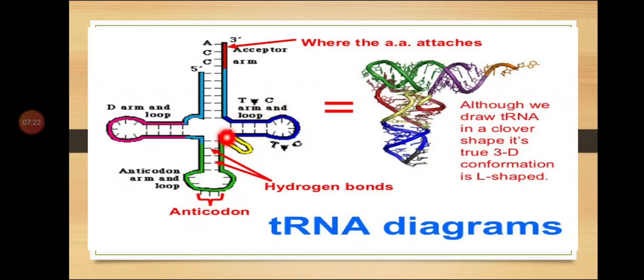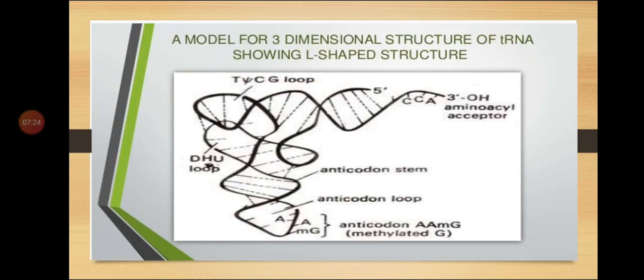This is the two-dimensional structure. When I say three-dimensional structure, the same 3 loops are there, that is T-Psi-C loop, DHU loop, anticodon loop. So this is the three-dimensional structure of a tRNA. So that's all with the structure of tRNA. Thank you.